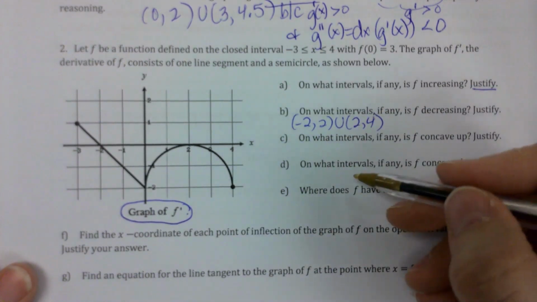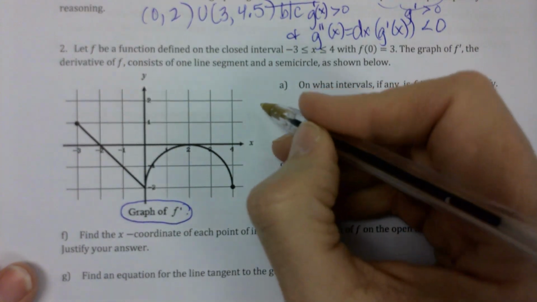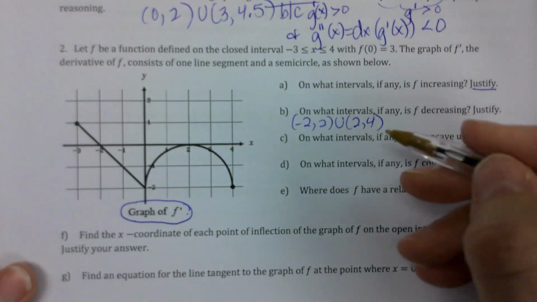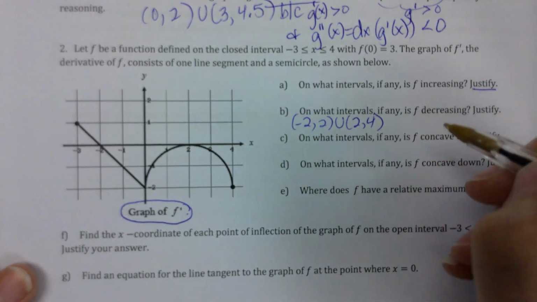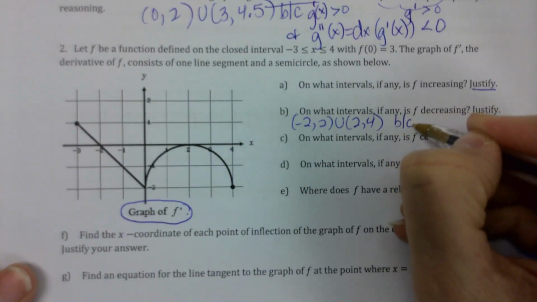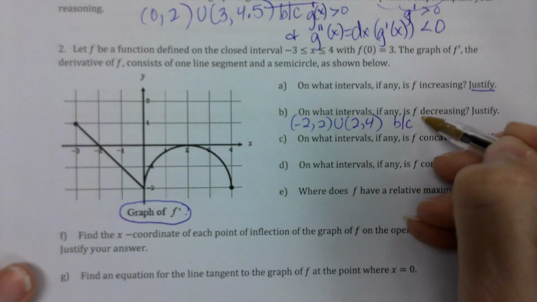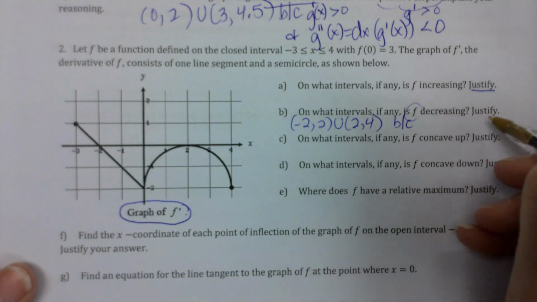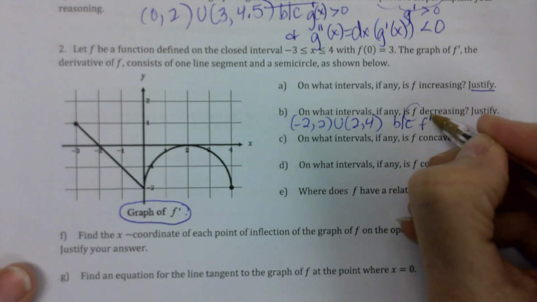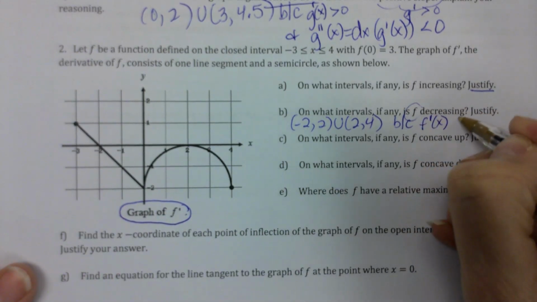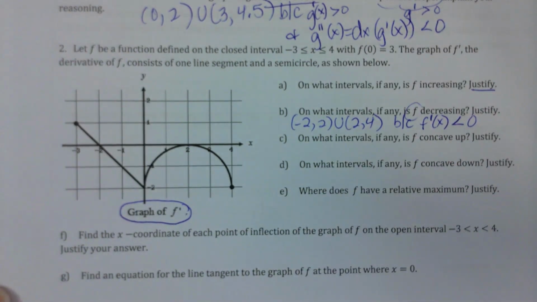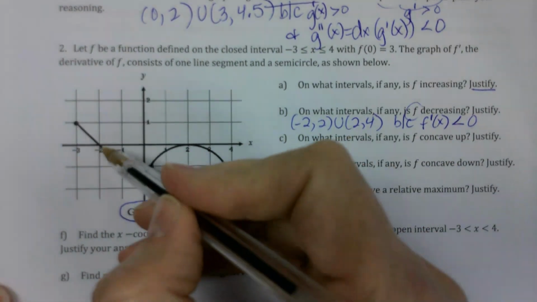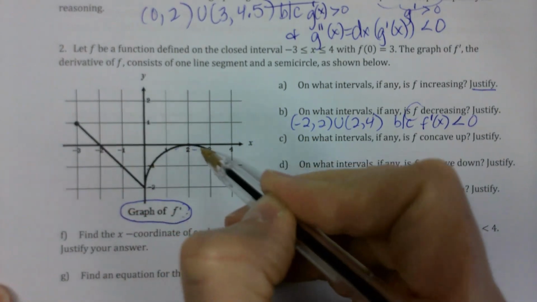Delta Math would go bracket negative 2 to positive 2 bracket. That's what they would do. But f is decreasing because f prime of x is what? Below 0. F prime of x, all of them are below 0.